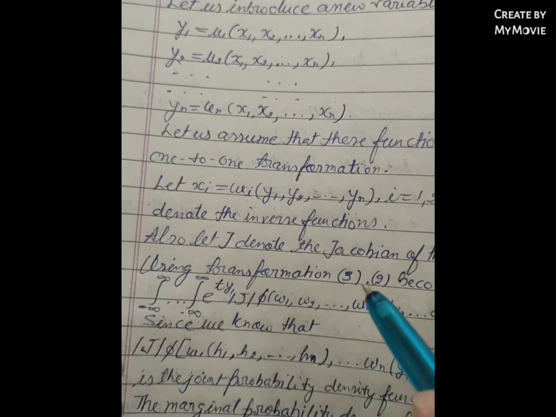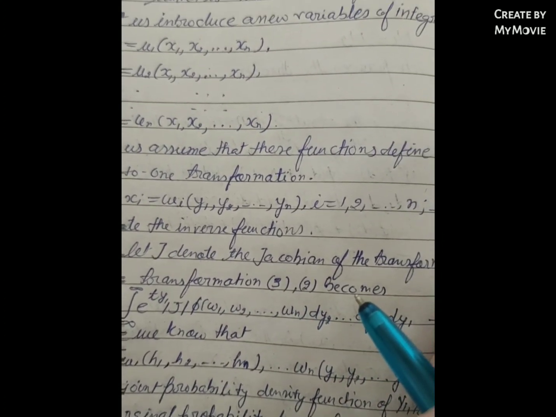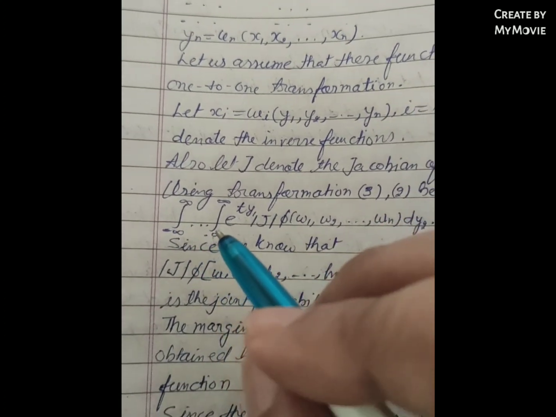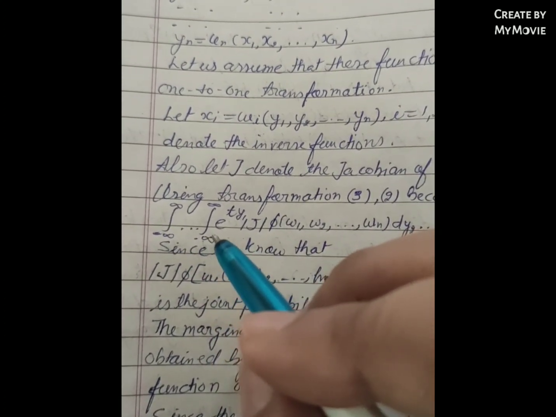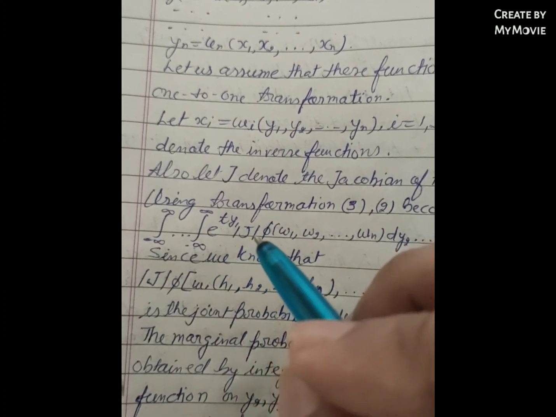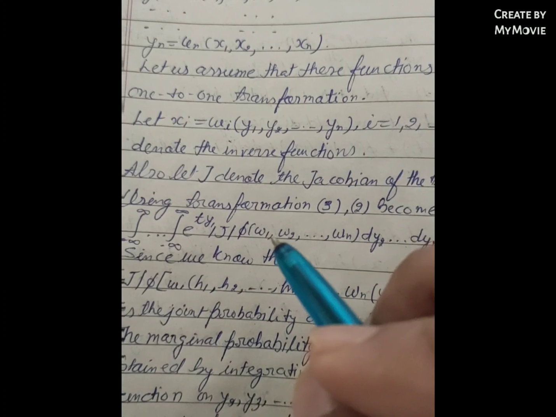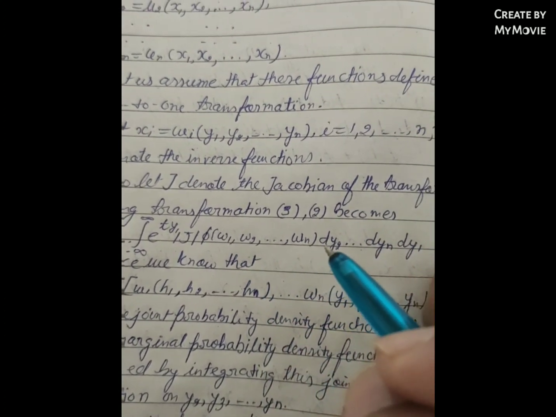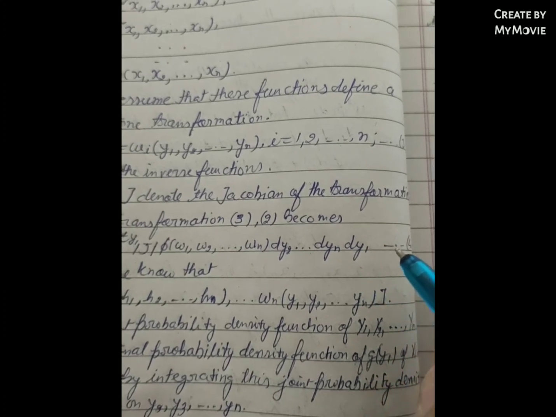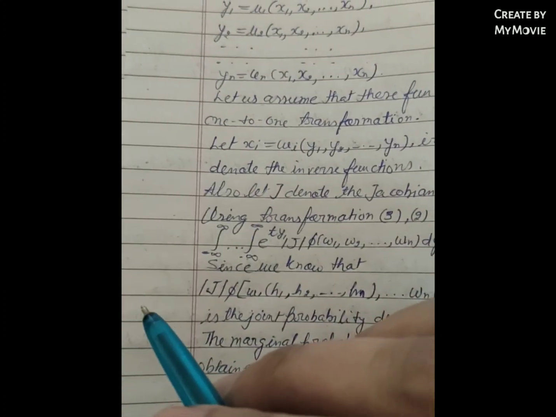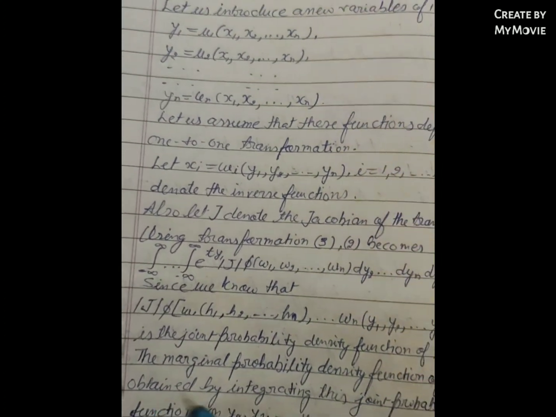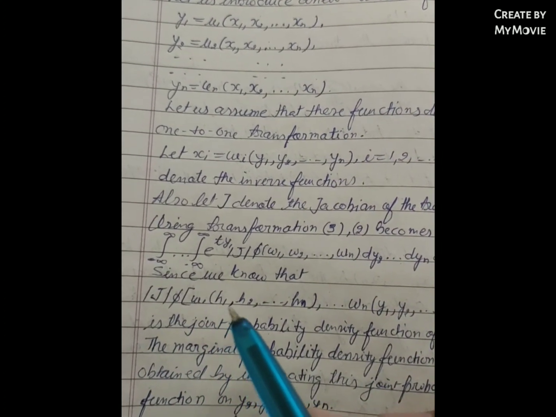Using the transformations, equation 2 becomes the integral from minus infinity to infinity, and so on, of e^(ty1) |J| φ(w1, w2, ..., wn) dy2 ... dyn dy1. This is equation 4.